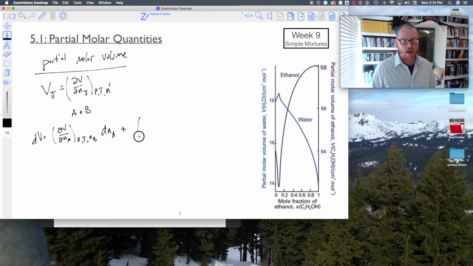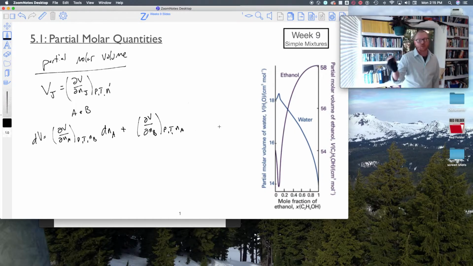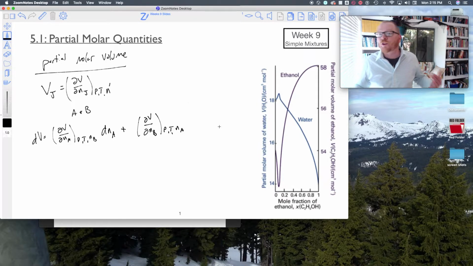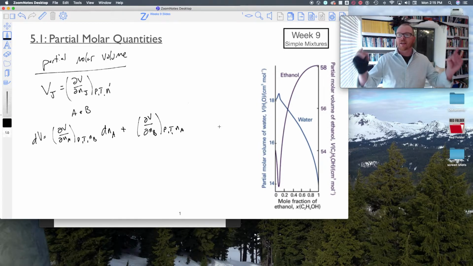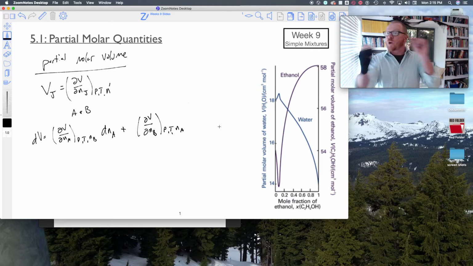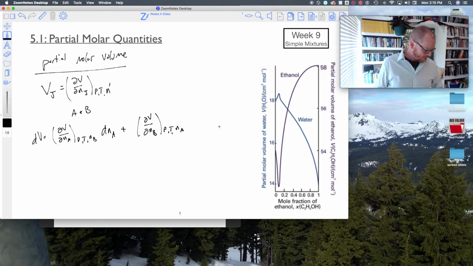And then now we've got the partial of V with respect to the partial of B, and now that's P, T, and N_A is being held constant. So that's where you get that overall, the total number of moles will be constant, but we're varying which one, right? A or B.